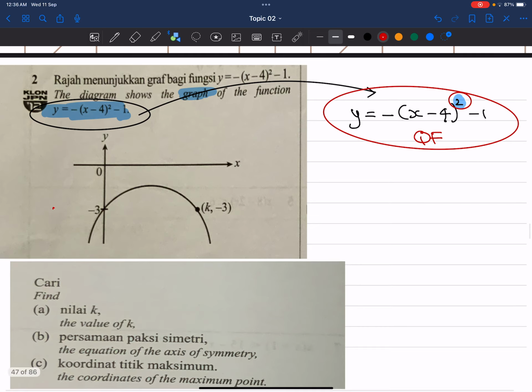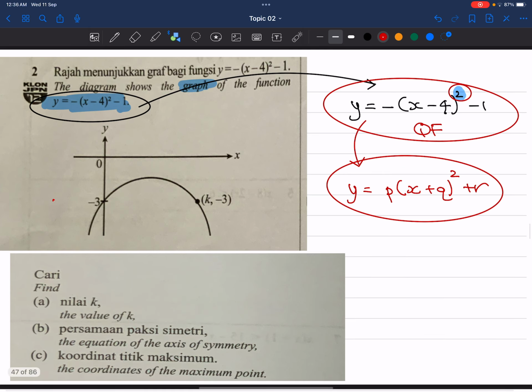And you notice that this quadratic function is the same as the form y equals p brackets x plus q bracket square plus r, which was on the previous lesson, the complete the square of the quadratic function, which means our given equation is already in the form of complete the square.